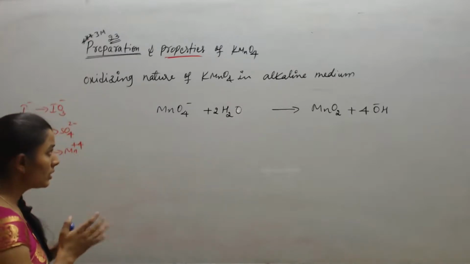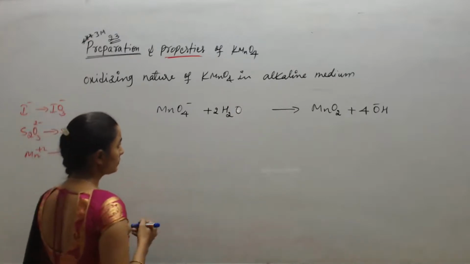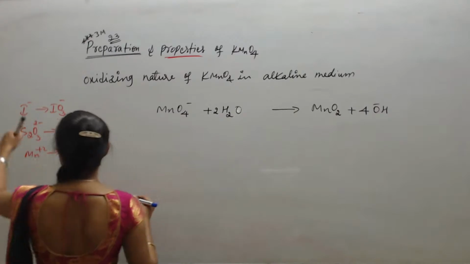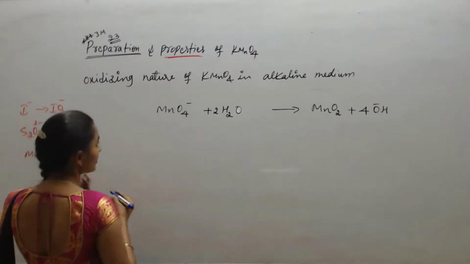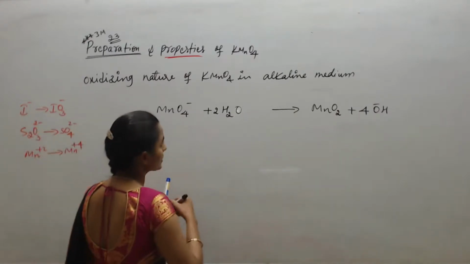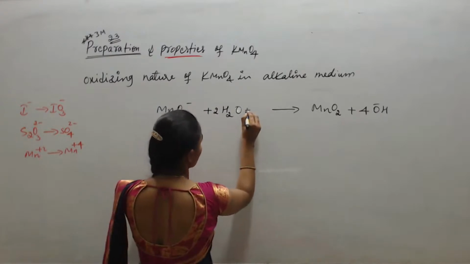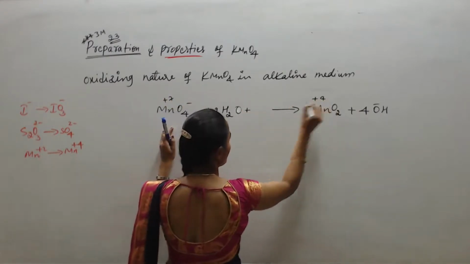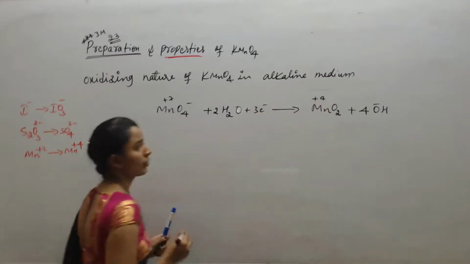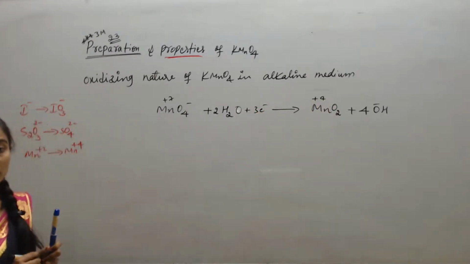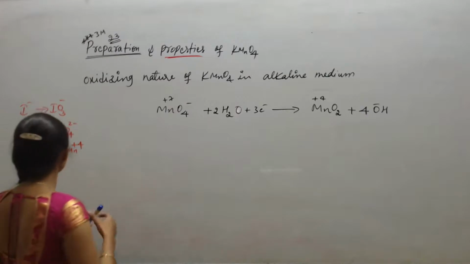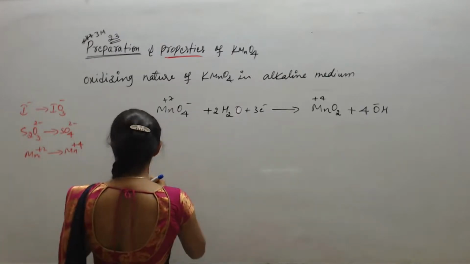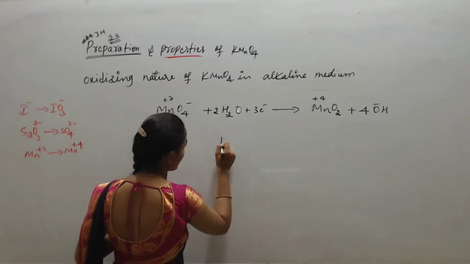Okay. So here what happens? If this I minus is treated with this, how many electrons are exchanged? It gains here from plus 7 to plus 4, which means 3 electrons. 3 electrons. Correct? So here we have to write this I minus to IO3 minus.